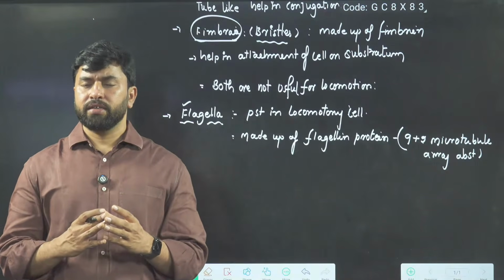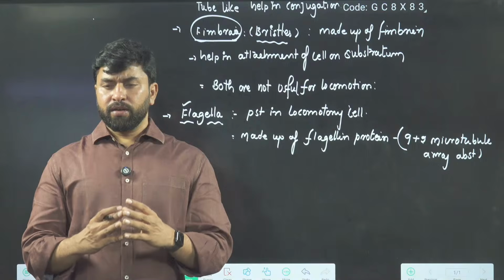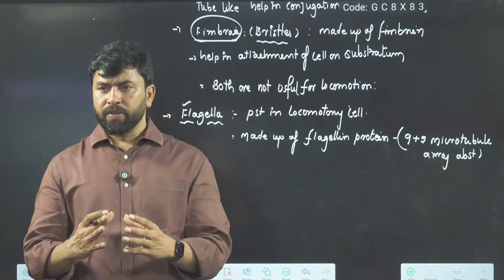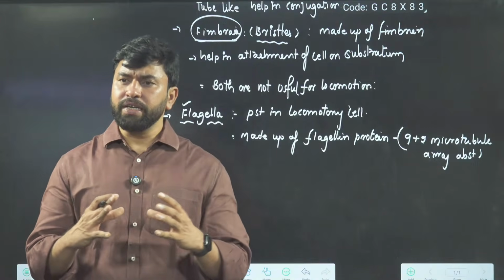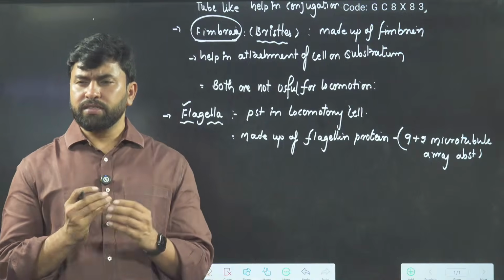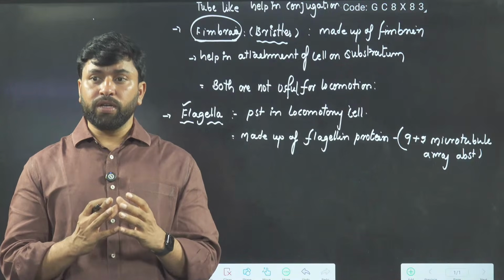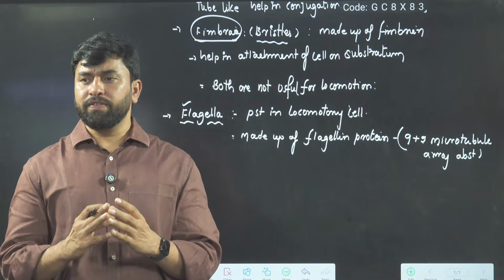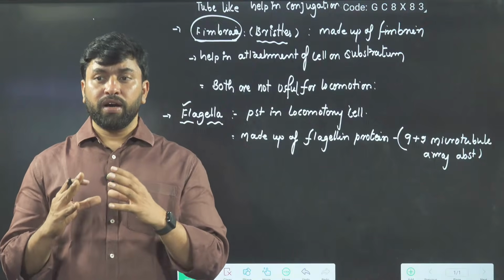In the case of prokaryotic flagella, motility and the characterization may be the same, but the internal structural orientation is completely different. Prokaryotic cells will have flagella simply made up of flagellin protein, but in eukaryotic flagella, microtubules are present, arranged in a 9+2 array.